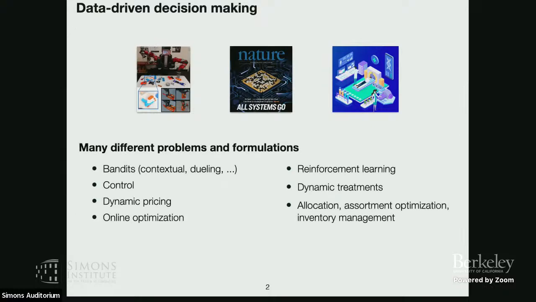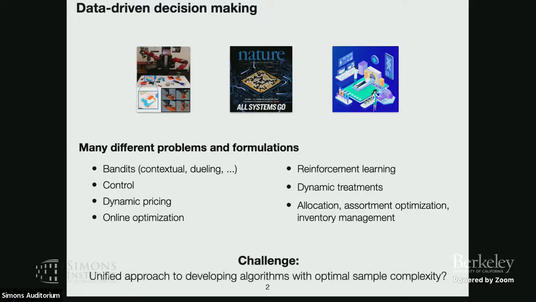So interactive decision making is a very broad problem. There are all sorts of different ways you can try to formulate and attack this depending on the problem domain. We have formulations like contextual bandits, which are widely used in online recommendation. We have more general formulations like reinforcement learning and control that have been applied throughout robotics. And there are other interesting formulations across operations research and personalized medicine.